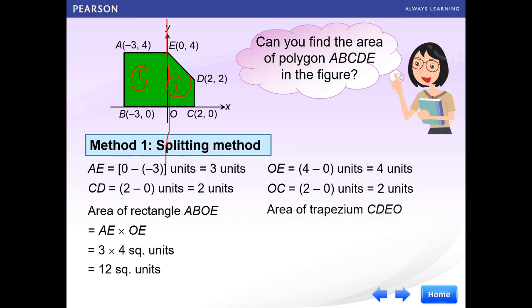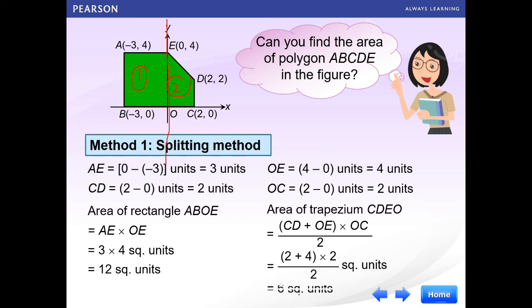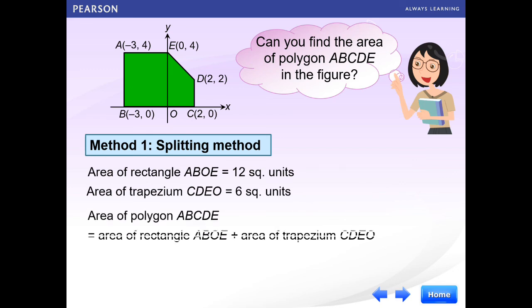On the other hand, trapezium: upper base plus lower base times height over 2. 2 plus 4 in brackets times 2 over 2. You get 6. After you get the two areas, you can add them together to get 18 square units.